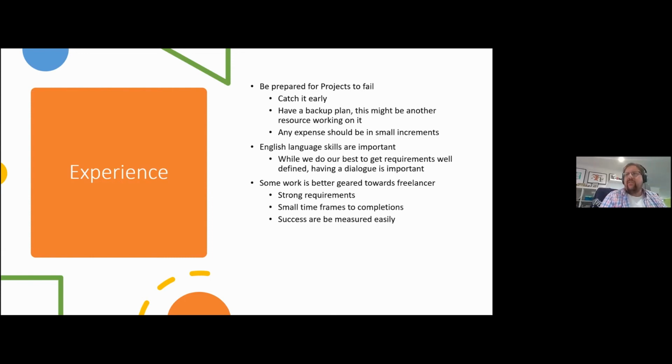Make sure that works for you. What I found though, when dealing with freelancers, is strong requirements, small time frames to completion, and success that can be measured easily. What is the success for this component? So that's the journey I've gone through in regards to the freelancer path.